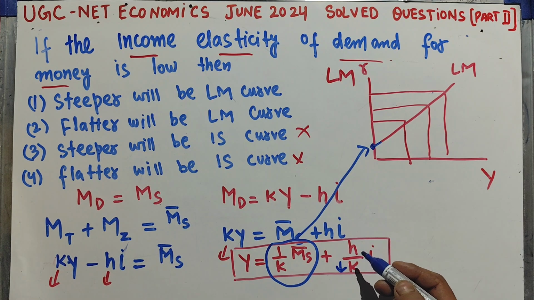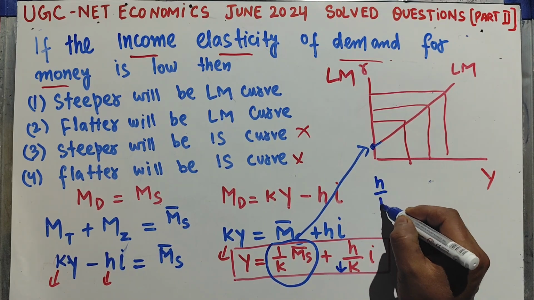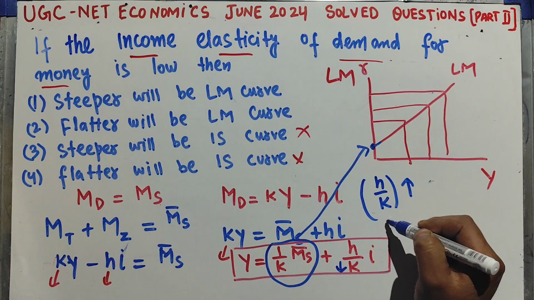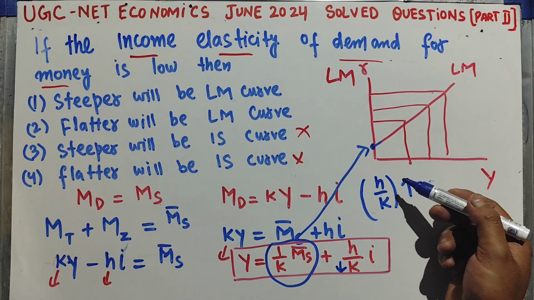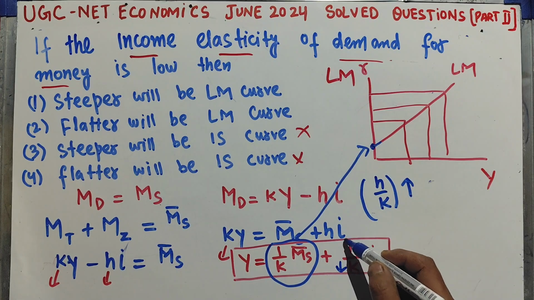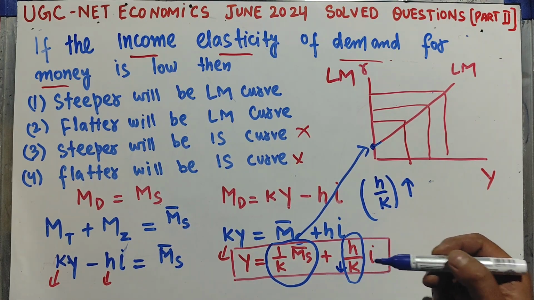Compared to H, what will happen? This whole term, H upon K, will increase. Obviously, if the denominator is smaller compared to the numerator, this whole term will increase. That means the slope will increase, that means it will become steeper.